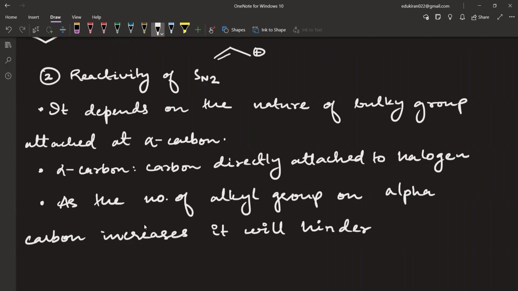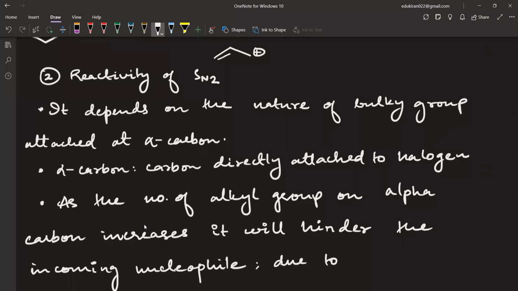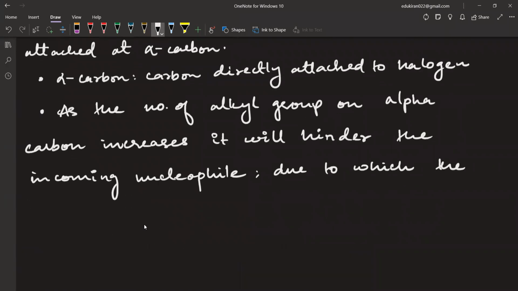It will hinder the incoming nucleophile, due to which the reactivity of SN2 decreases.